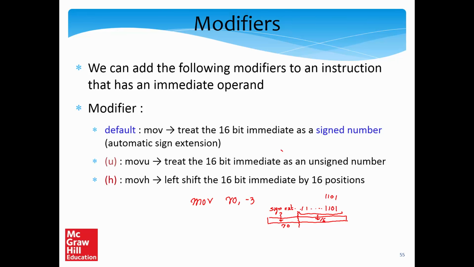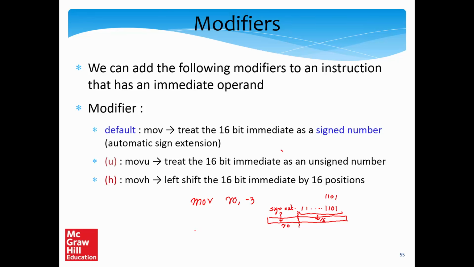So essentially we are treating the 16-bit immediate as a signed number, and there is automatic sign extension happening. So this ensures that if we have represented -3 in assembly, -3 is also what gets stored in the register R0. But of course, since R0 is 32 bits, relevant sign extension is being done. Now let us define two variants of this same instruction, and these variants hold for other instructions as well, but let's only discuss this instruction.